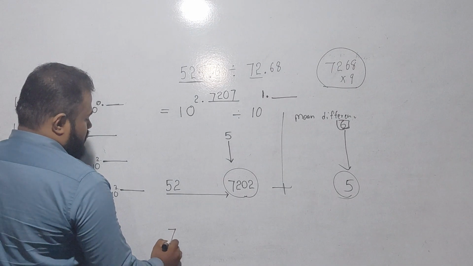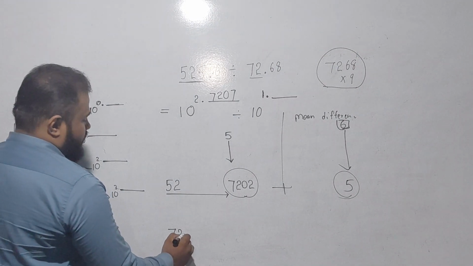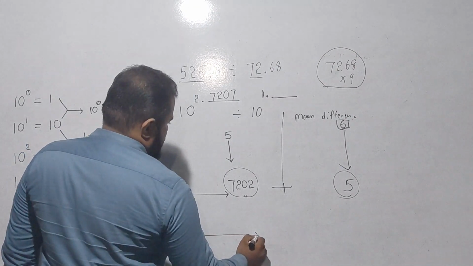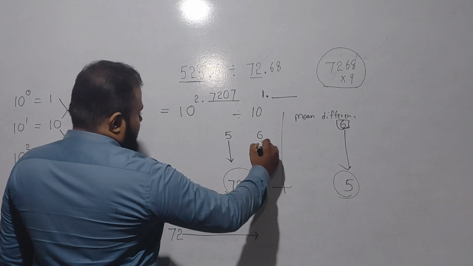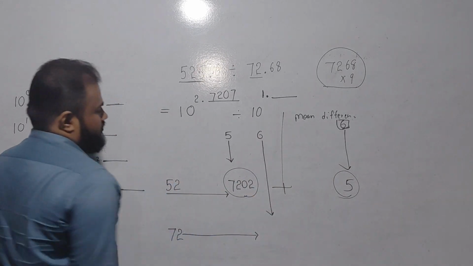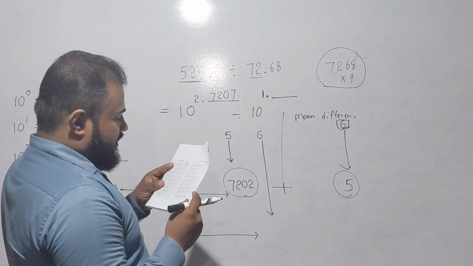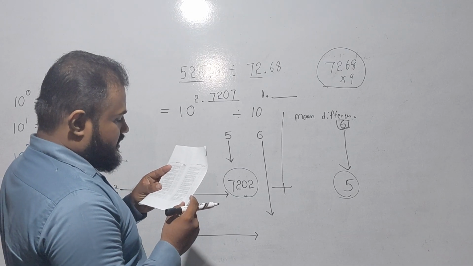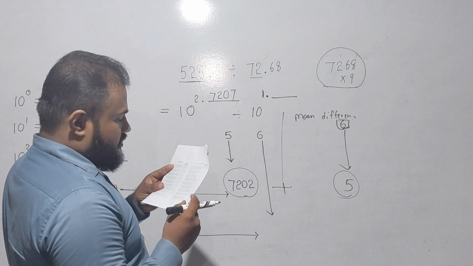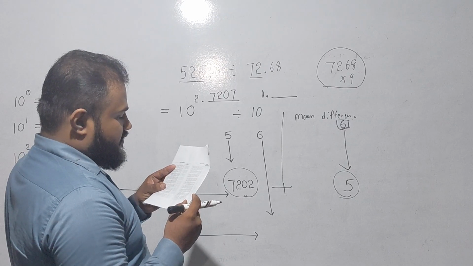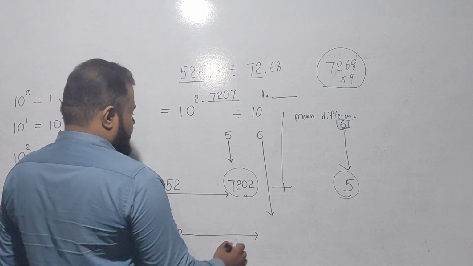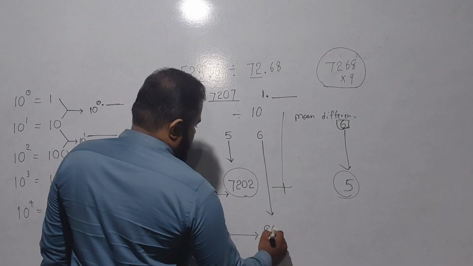You have to go horizontally from 72 and come vertically from 6. Then you will find, it's on the second page, 72 6 is 86. Sorry, yeah, 8615.